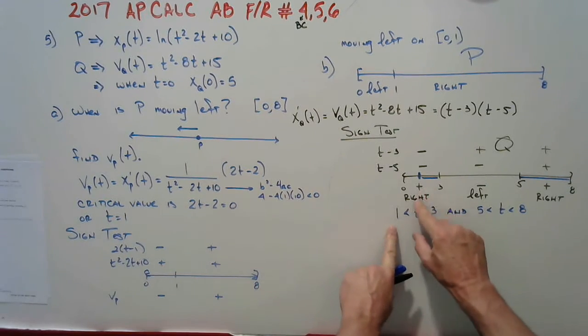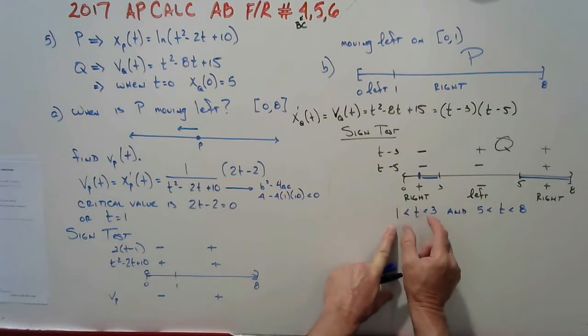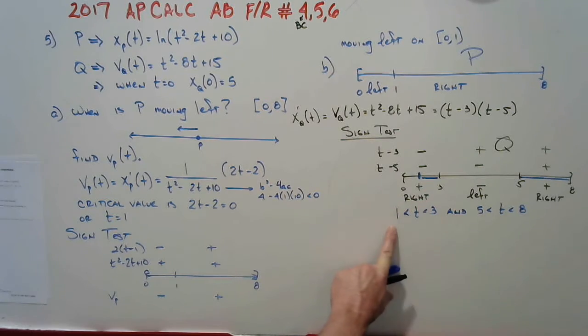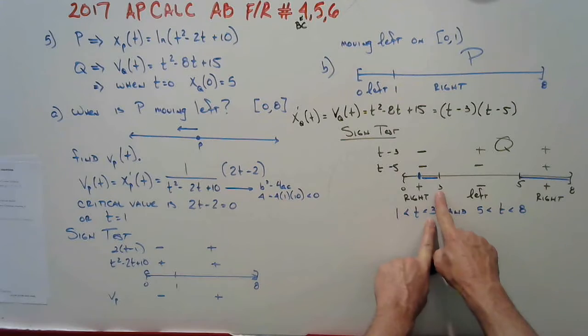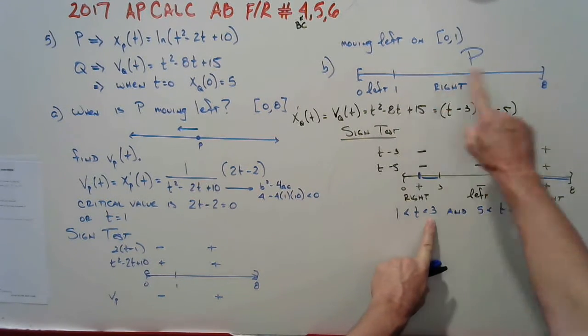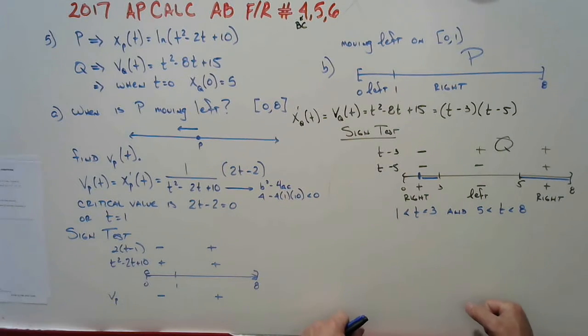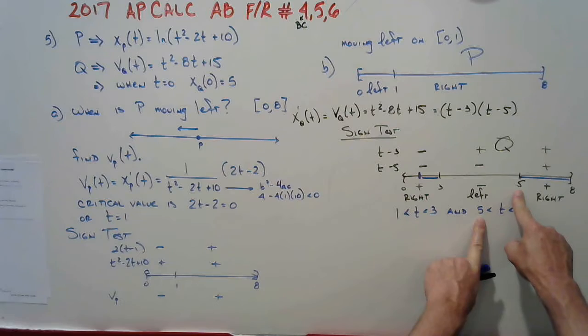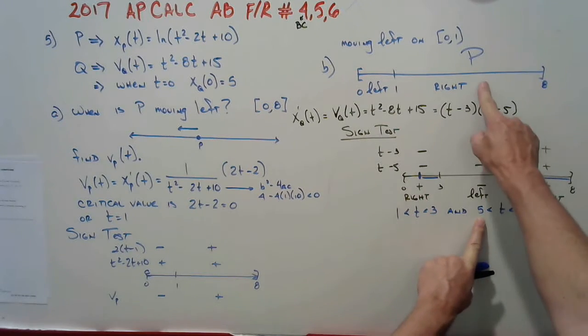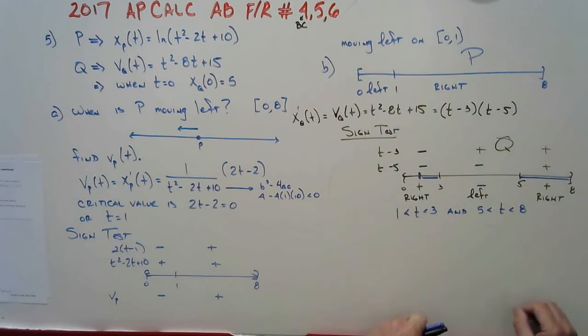But at time 1, which is in this interval right here, particle Q is moving to the right, so they don't match there. At time 3, particle Q is stopped, but at time 3, particle P is moving to the right, so they're not moving in the same direction there. At 5, we're stopped for particle Q, but we're moving for particle P, not moving in the same direction.